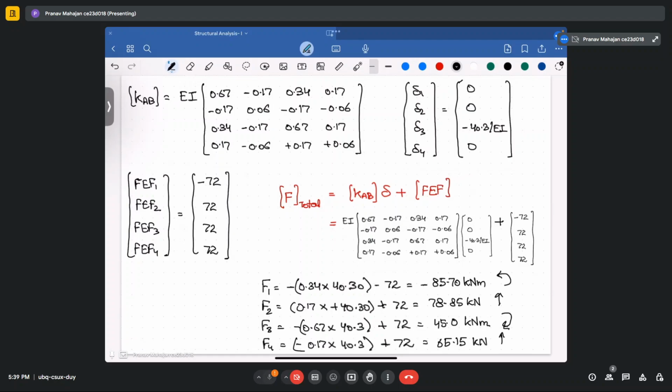So for element BC, your KB is same as KBC because the length of the member is same. So there would be no change in this.